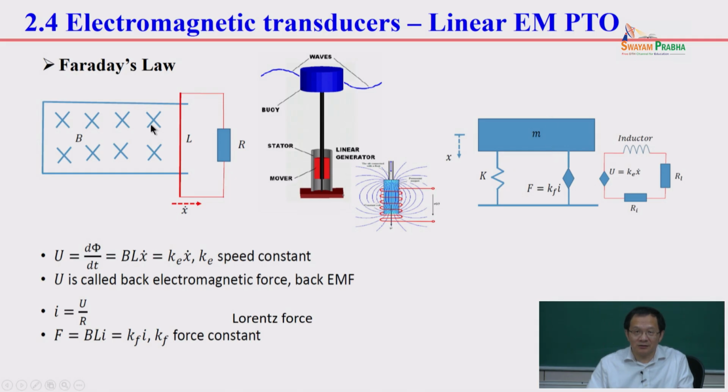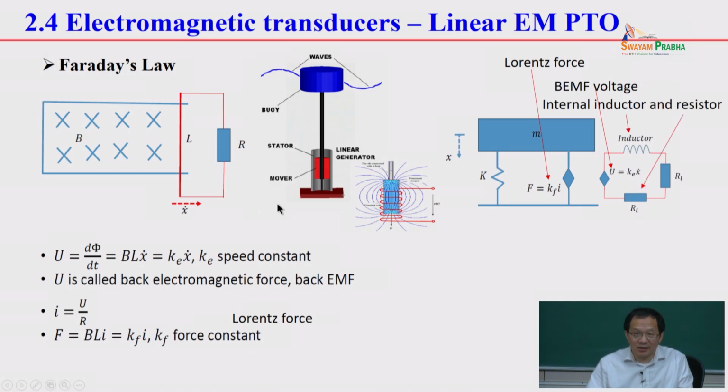Then in the circuit you have an inner inductor and inner resistor, and this is the back electromotive voltage.